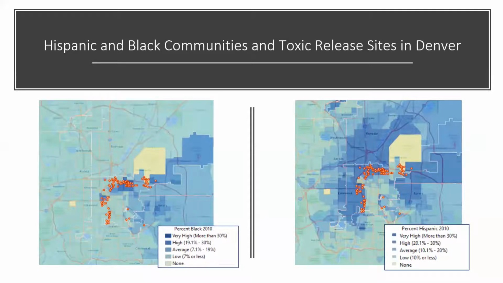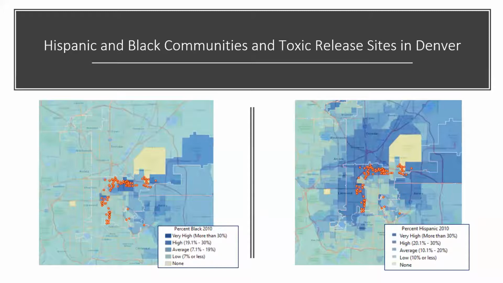On the left map, the darker blue areas represent regions with the highest percentage of Black populations in Denver. And on the right, the dark blue being the US census tracts that have the highest percentage of Hispanic populations. And this is from 2010, so it's a bit old.